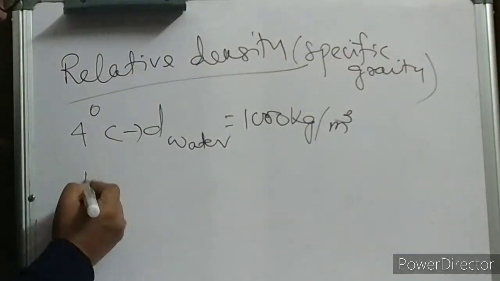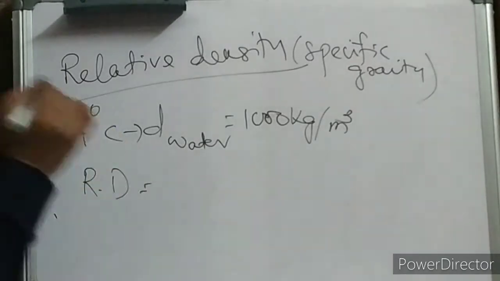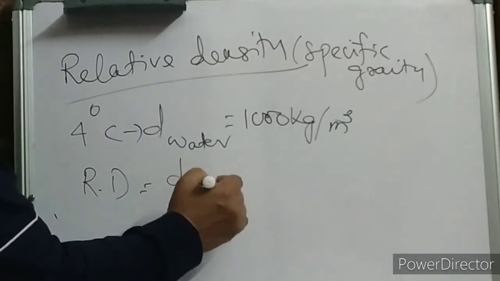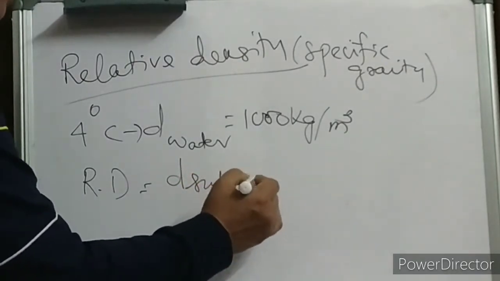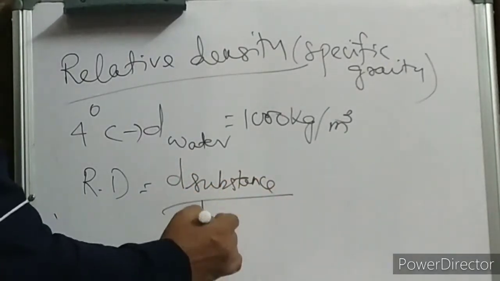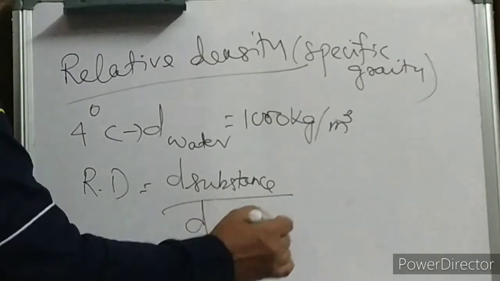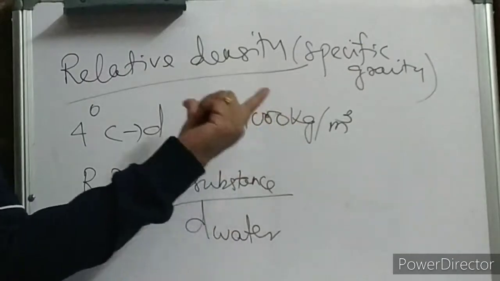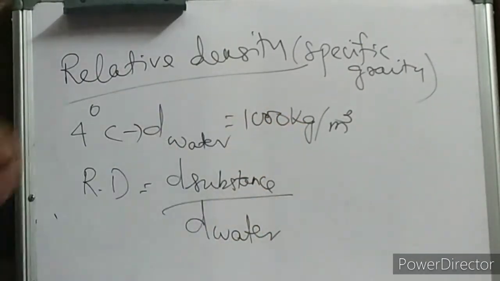Relative density, or specific gravity, can I write it as RD? This is nothing but the density of the substance over the density of water. We are talking about this reference.